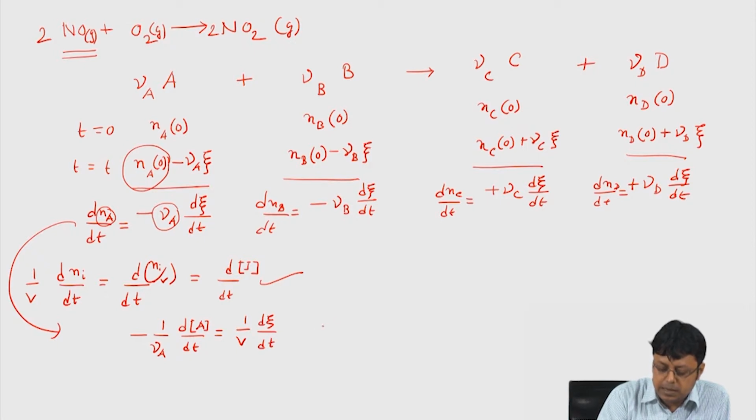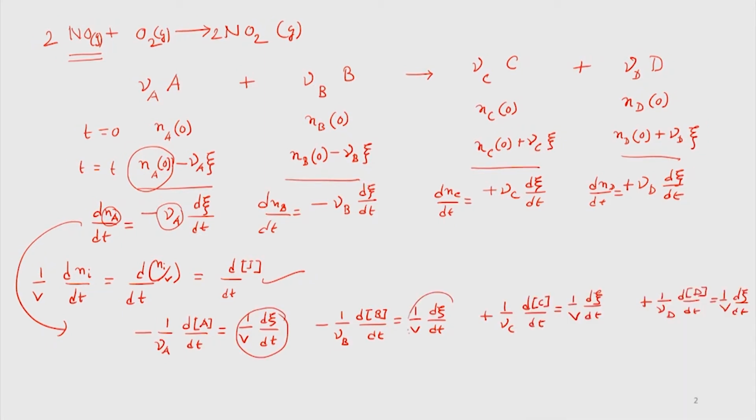For species B, it will be minus 1 over nu B dB dt, nothing but 1 over V d xi dt. For species C, it will be plus 1 over nu C dC dt, nothing but 1 over V d xi dt, and for species D, it will be plus 1 over nu D dD dt, equal to 1 over V d xi dt.